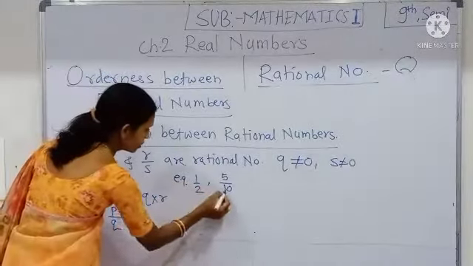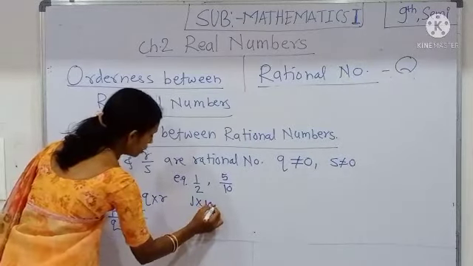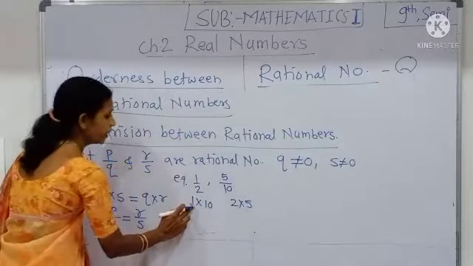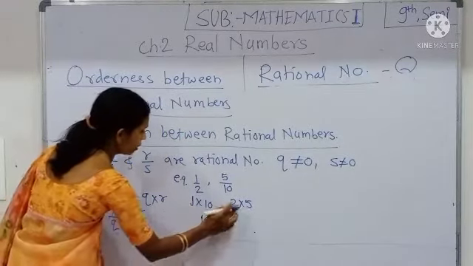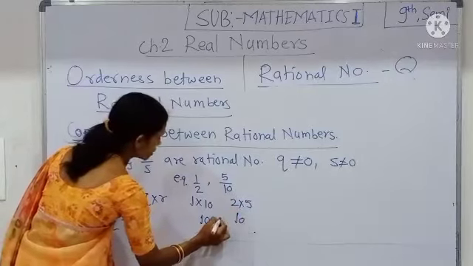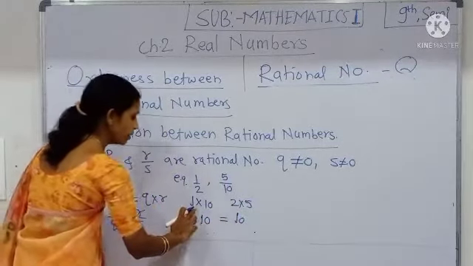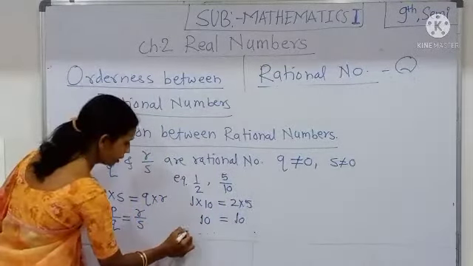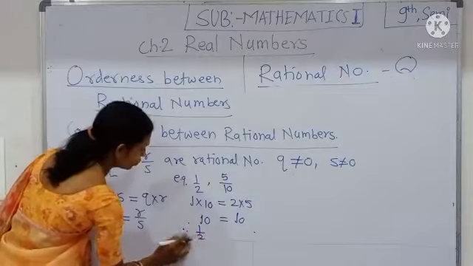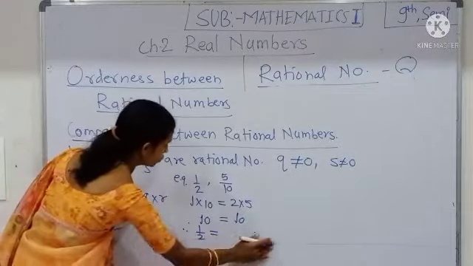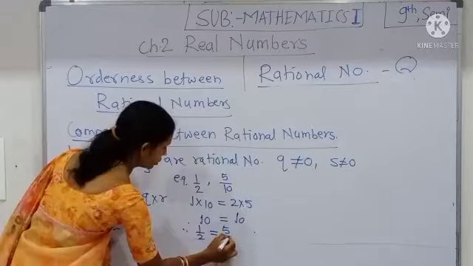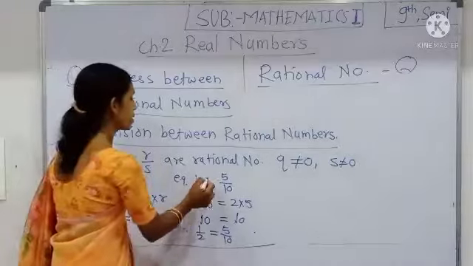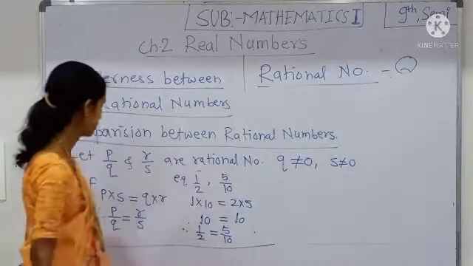Then 1 into 10 and 2 into 5. 1 into 10 is 10, and 5 into 2 is 10. That means 10 is equal to 10. 1 into 10 is equal to 2 into 5. Therefore 1 upon 2 is equal to 5 upon 10. That means those numbers are equal rational numbers.